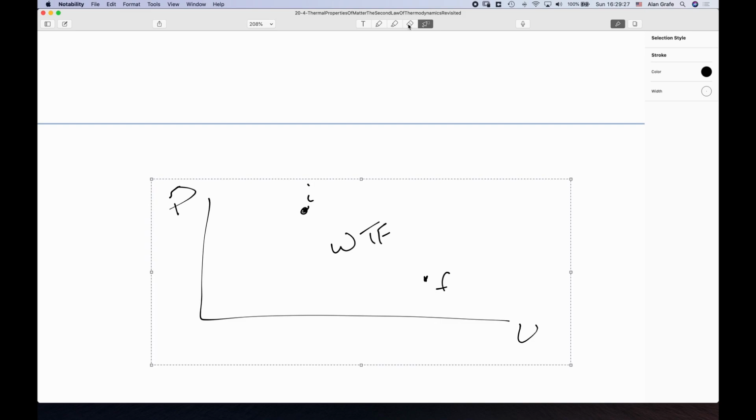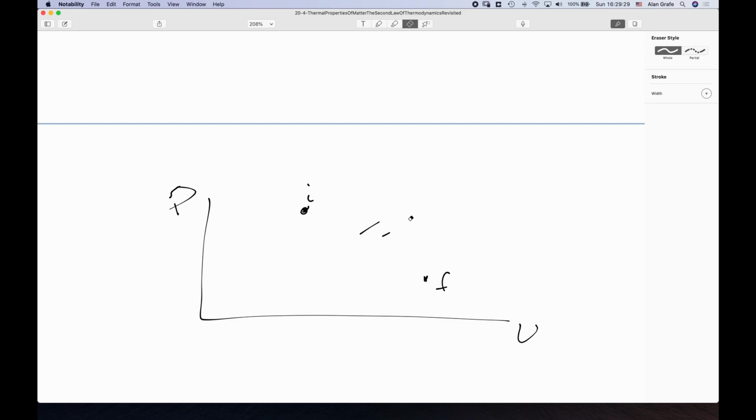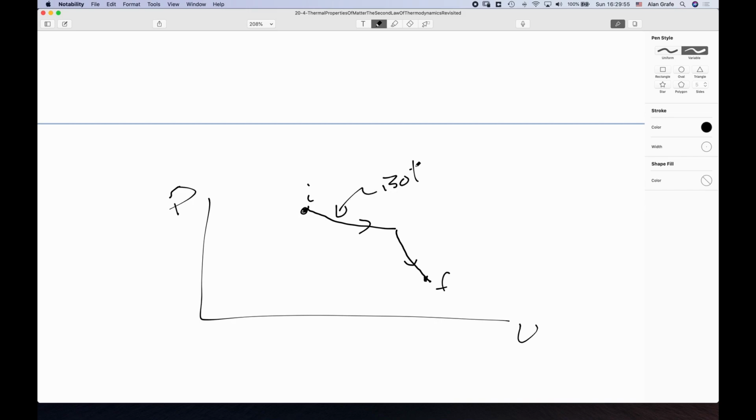So what we can do is replace this WTF, purely for the purposes of calculating the entropy, with an isothermal process and an adiabatic one, because we know how to compute them both. So what you do is you just figure out where exactly the isotherm and the adiabat will intersect. And then for this bit here, so this is my isothermal process.